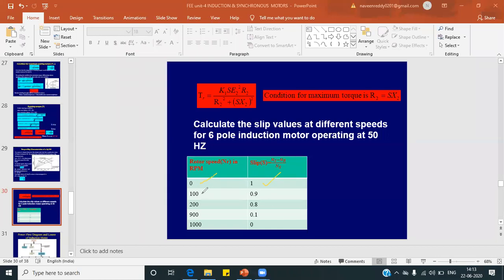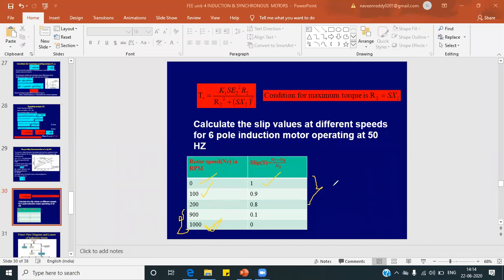And what is the rated speed? That is 1000 RPM. The maximum speed is almost nearer to 1000 RPM. Now see, here my motto is that these three, 0, 100, 200, are the speeds which are nearer to starting.